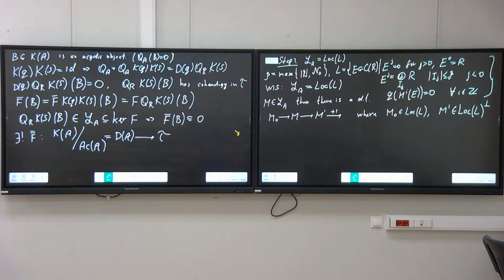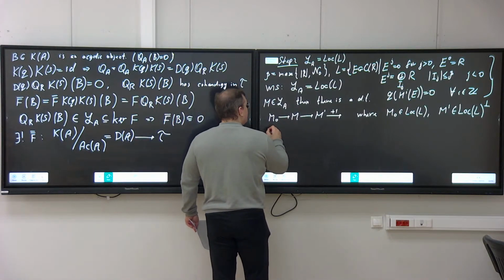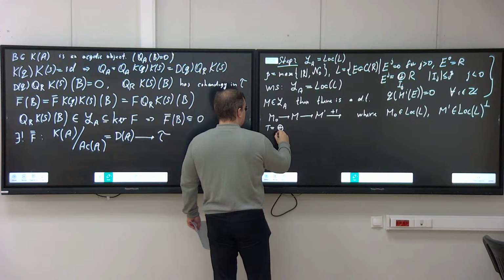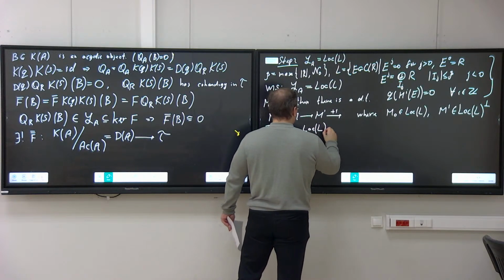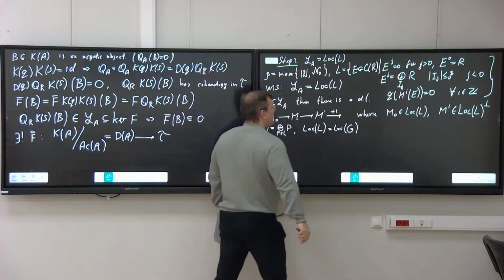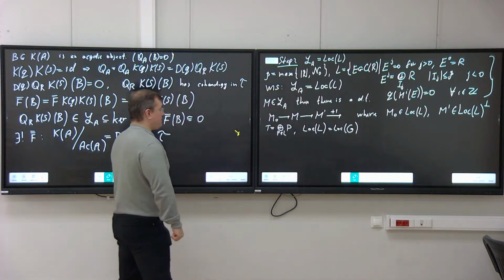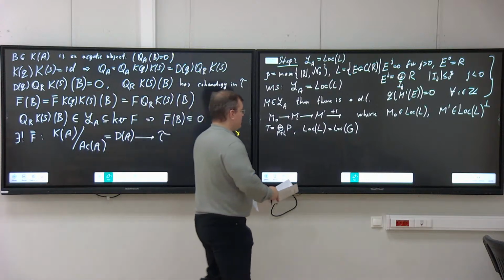And maybe let me write why this is true, because I can, for example, introduce maybe T. I don't use T, so this is just a direct sum of all, say, P in the L, right? And then the localizing subcategory containing L is the same as the localizing subcategory containing G. So actually saying that I have a set of generators and I have just one generator is the same thing, right? Clearly this is the same thing, right?